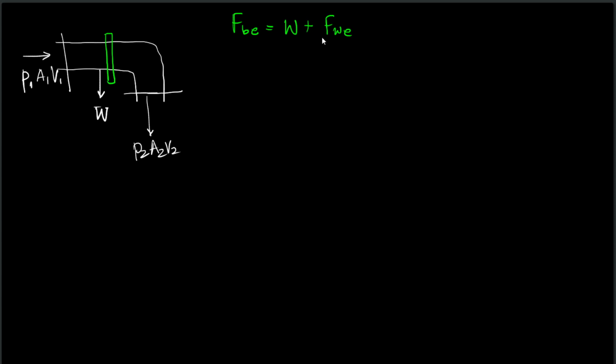So let us find out the force of the elbow on the water. Force elbow water, we will draw a control volume like this. Essentially it is this control volume.